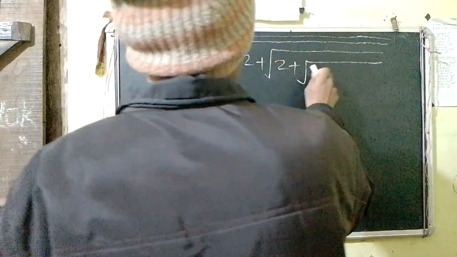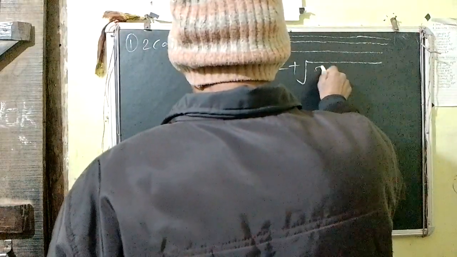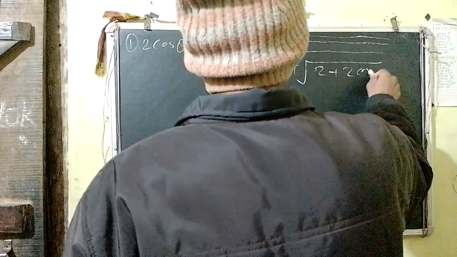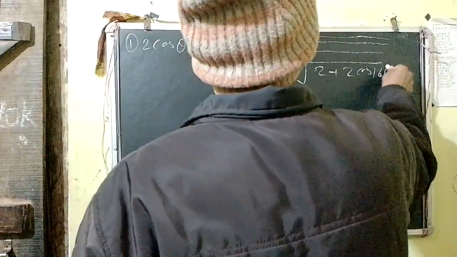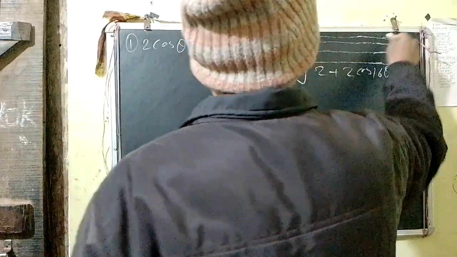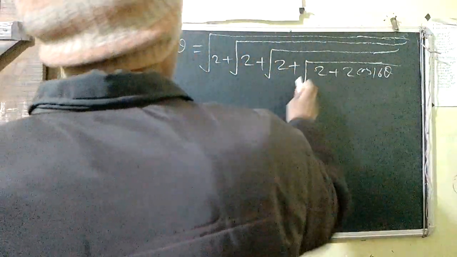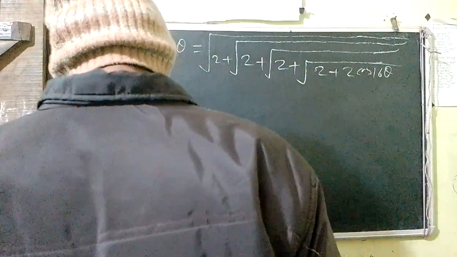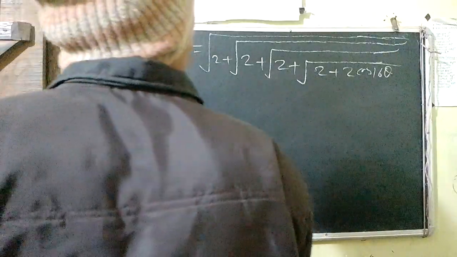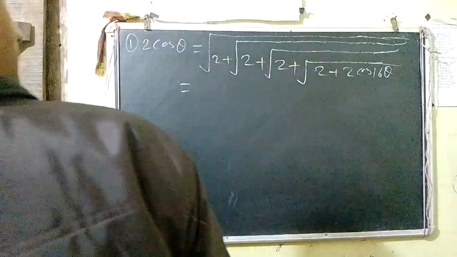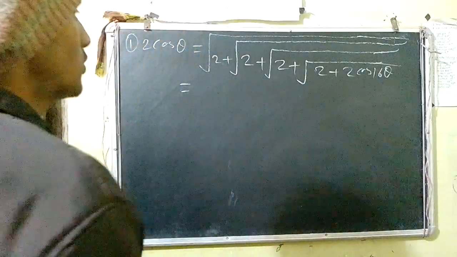So 1, 2, 3, and the 4th we have 2 plus 2 cosine 16 theta. Let me just make sure. 1, 2, 3, 4. Yeah, there are 4 square roots. Alright, so how do you solve this problem?